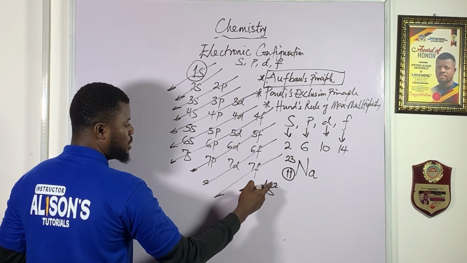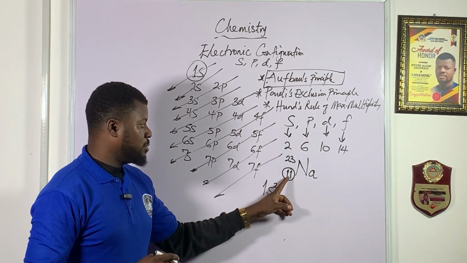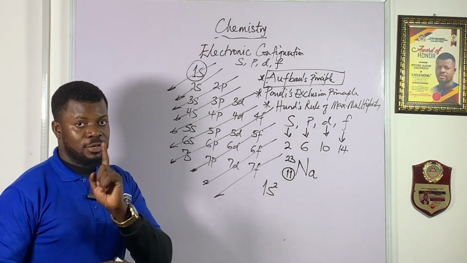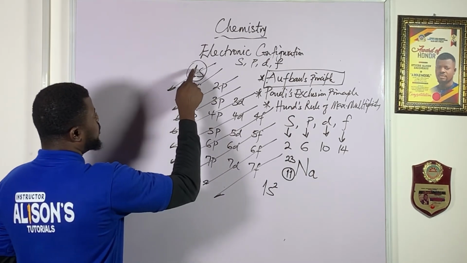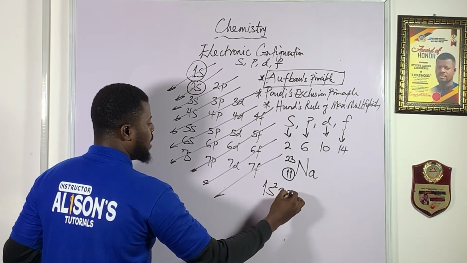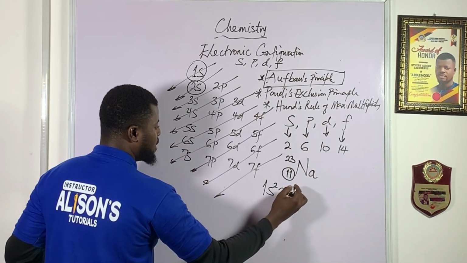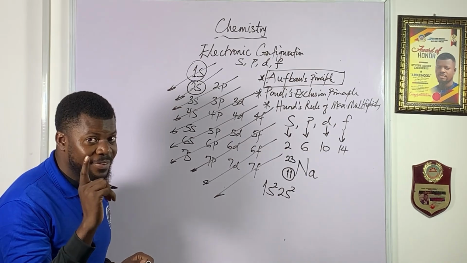Put it. It is this upper number that we're going to count till it gets to 11. Keep in mind, don't exceed 11. You're done with this. Consider 2s. The maximum s can take is 2. We've gotten 4. Be careful.